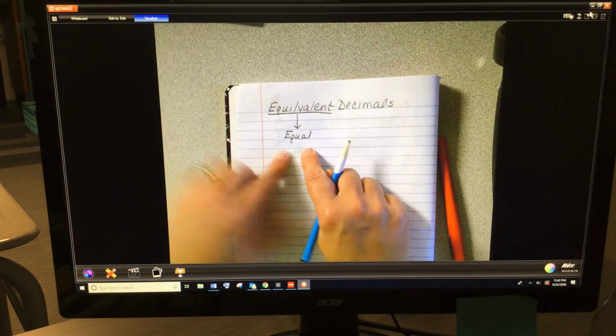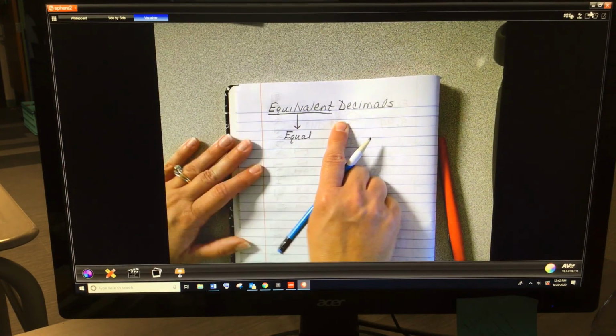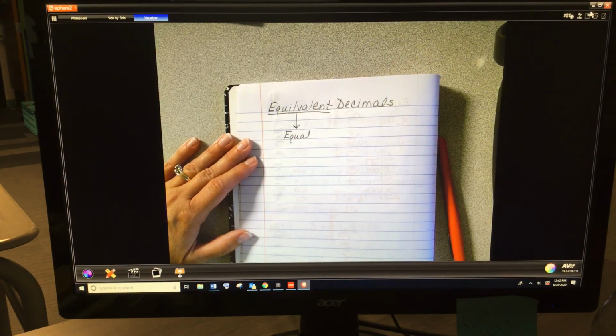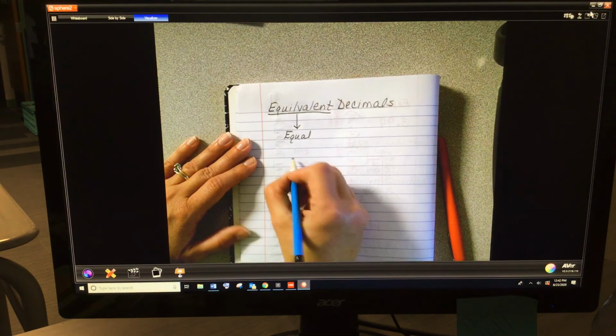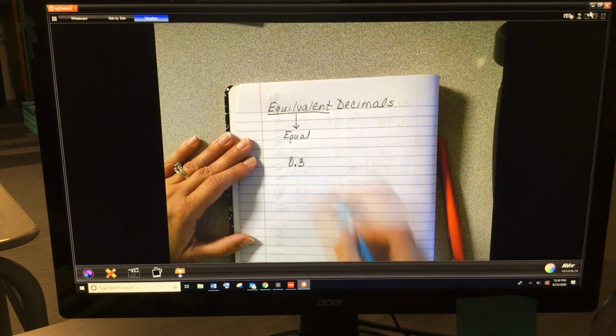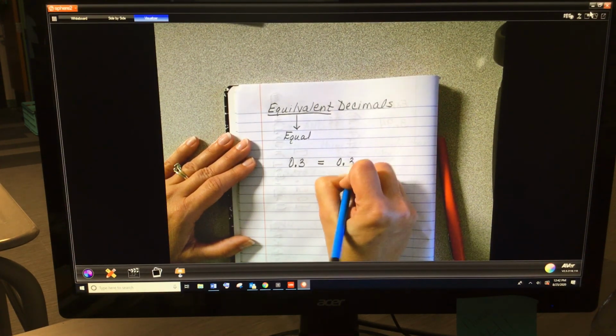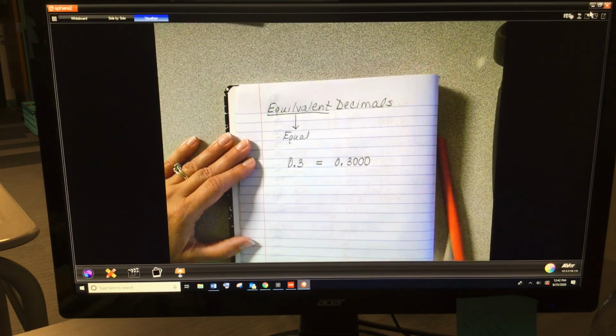So we're trying to make equal decimals. Now, what we need to learn when we talk about decimals as we get older is that this decimal is equal to this decimal.